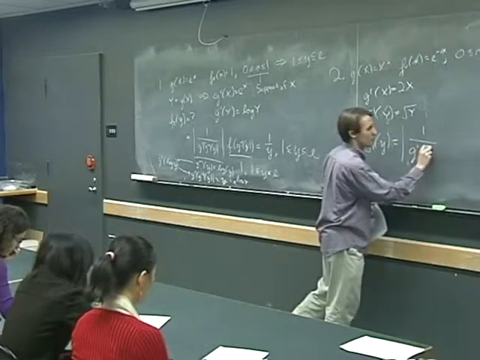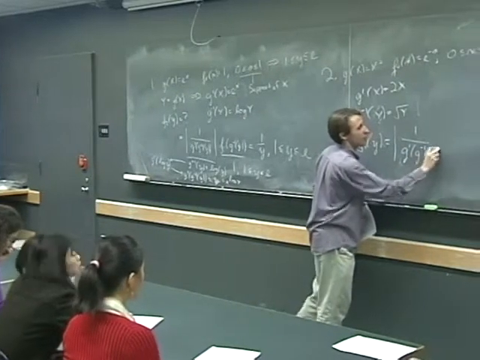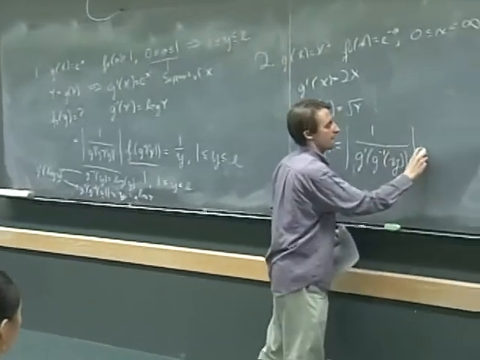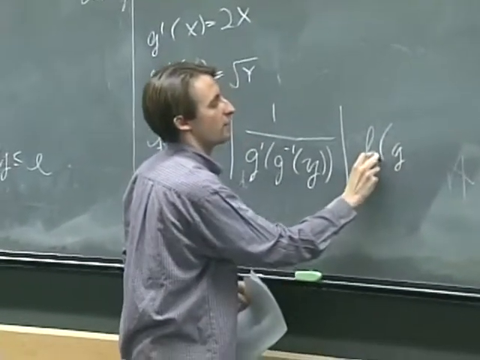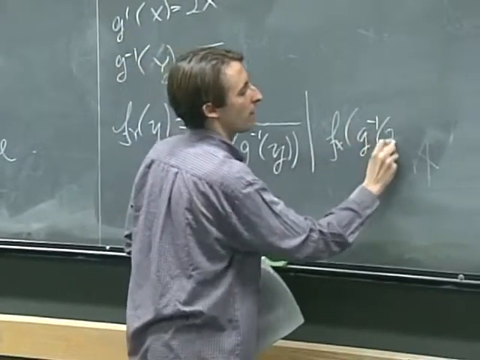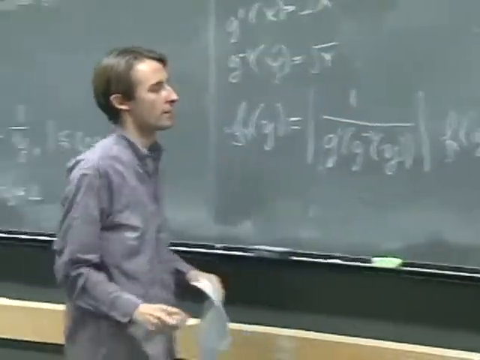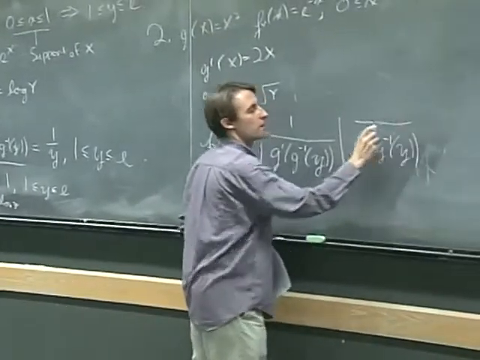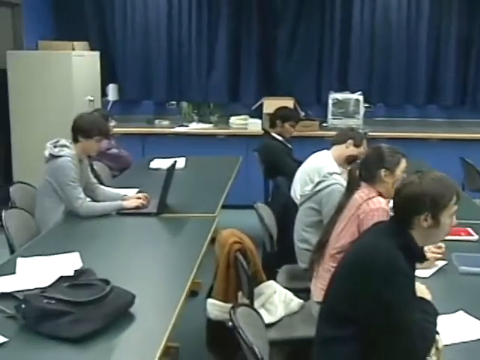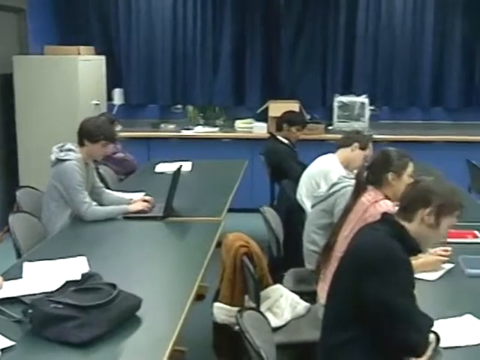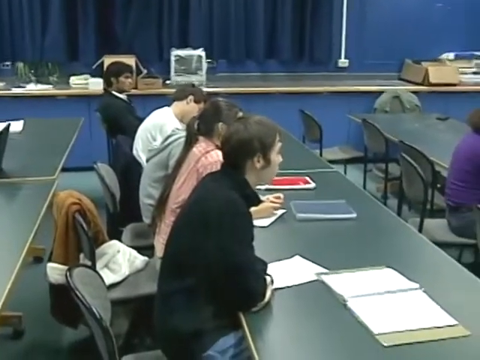I always have to check that. g prime of g inverse of y, times f_X of g inverse of y. Okay, so what did you get for this part? 1 times e to the negative root y. E to the negative root y, okay.